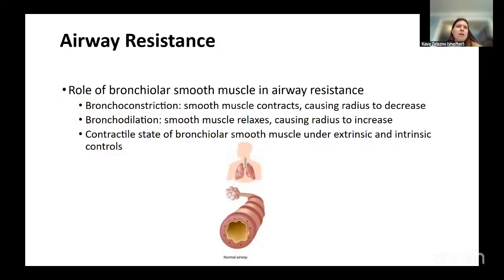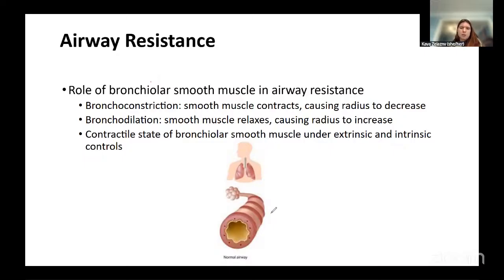Okay. So let's dial in a little further on the smooth muscle piece. So we've thought before about smooth muscle and how it changes radius and therefore changes resistance, right? We thought about that particularly in the arterioles when we were looking at our cardiovascular system. Now we're going to be thinking about a similar sort of effect, but on our bronchioles, right? So a new type of tube because we're in a new system, but we're going to have a similar situation, right?